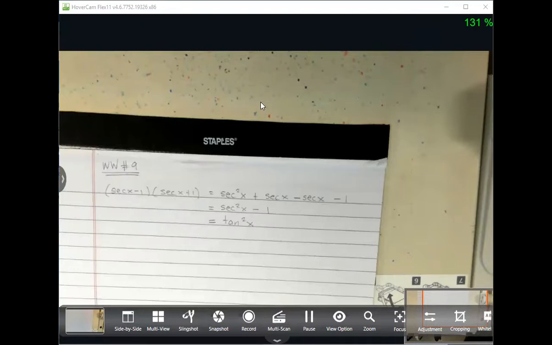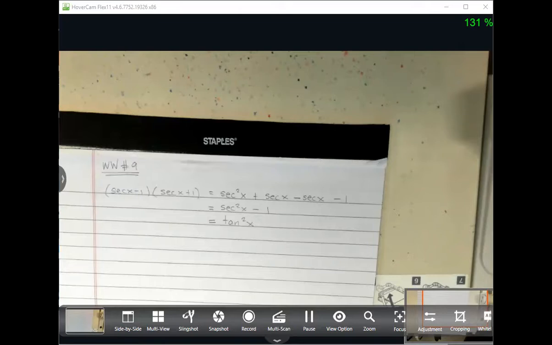Okay, sine of x plus the cosine squared of x divided by the sine of x. Now, I'm not sure if that sine of x is only under the cosine squared or if it's under all of that. But let me check. Let's see which one that might be. Under the cosine of x only.